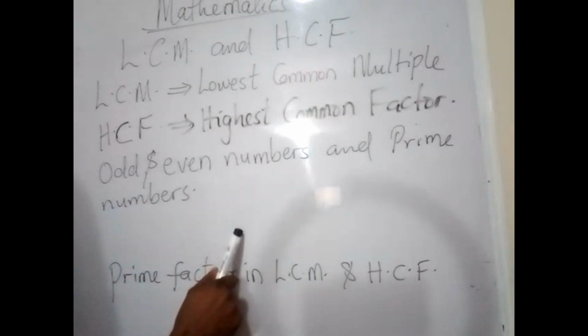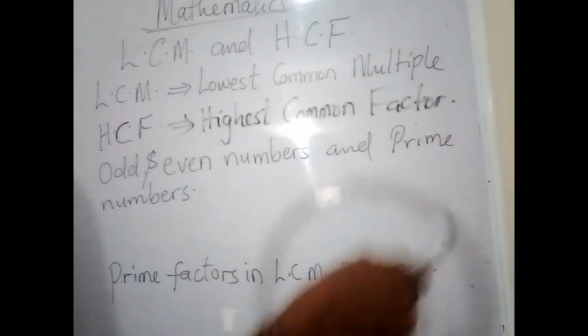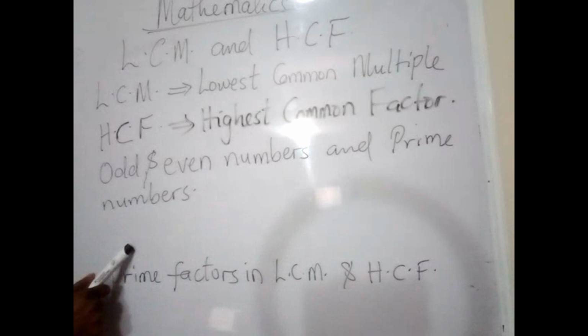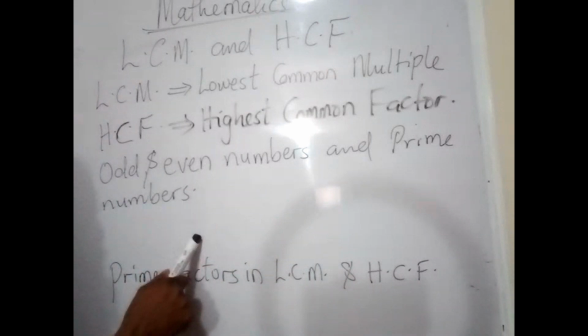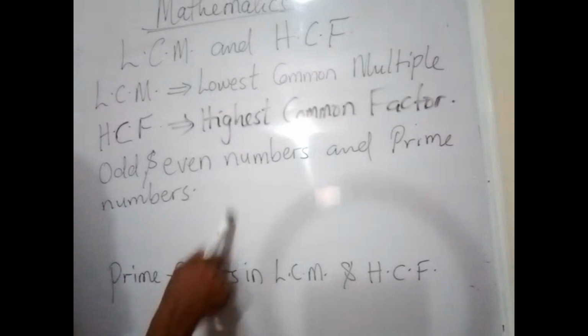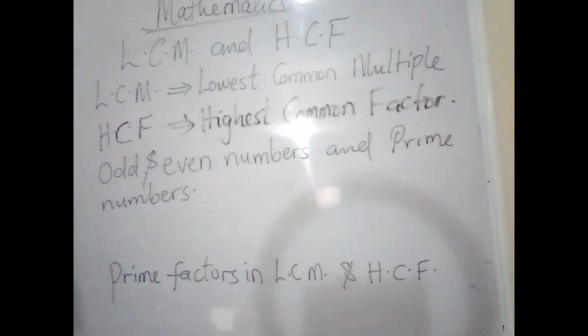Then you skip the very next number, and the following one will be an odd number, just like that. Every other number. And if 2 is an even number, that means 3, which is the next number, will be skipped, and then 4 will be an even number, 5 will be skipped, then 6 will be an even number, 7 will be skipped, and 8 will be an even number, just like that. So every other number is an even or an odd number.